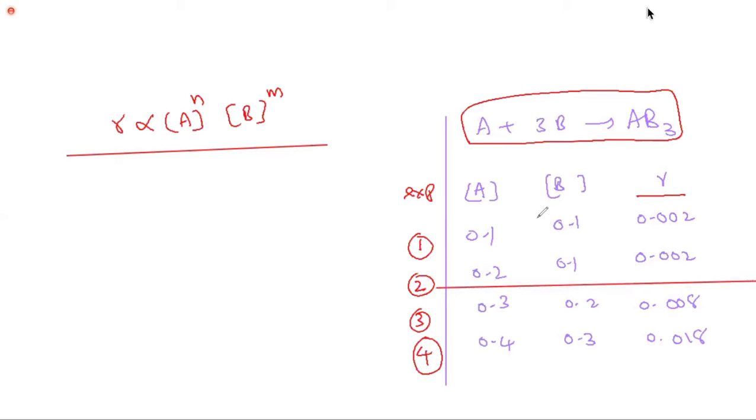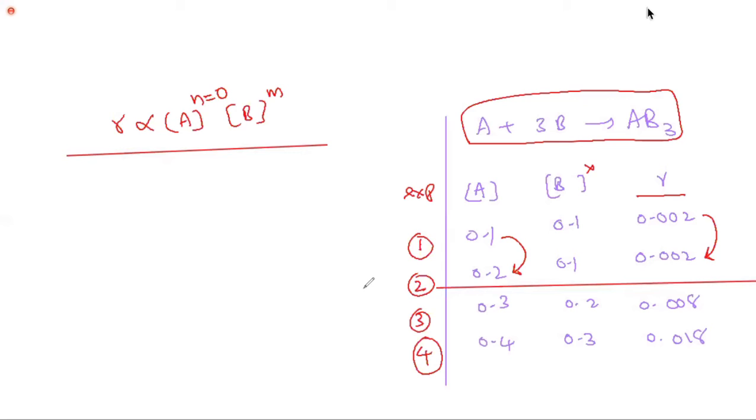Second point, when I increase the concentration of A to double, 0.1 was there, now I made it 0.2. What is the rate change here? There is no rate change. No change means the order of the reaction with respect to A is 0.